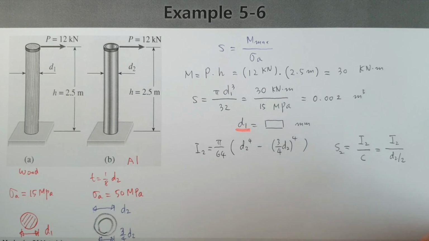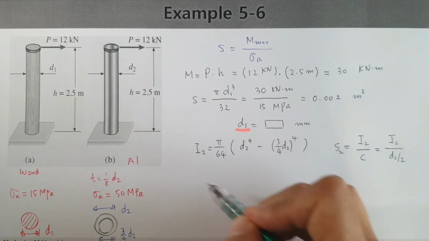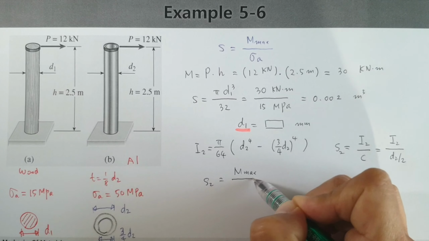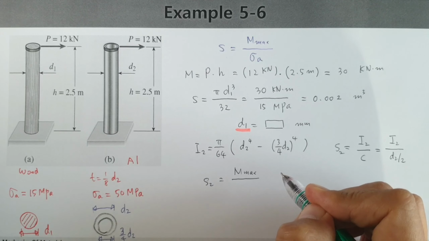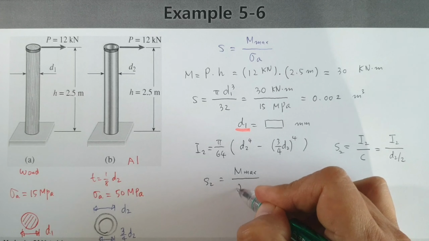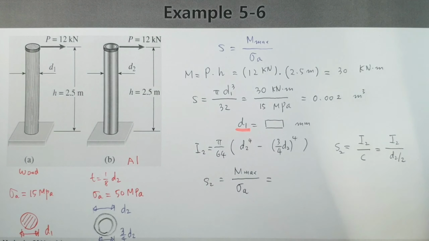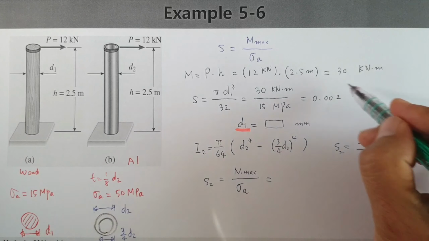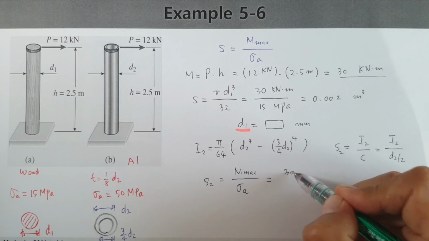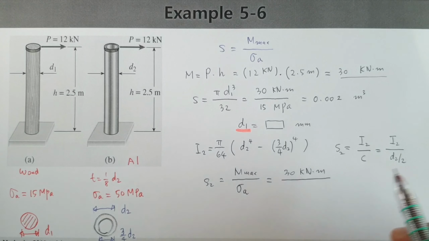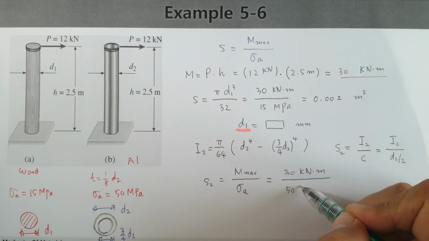When S2 is calculated, the maximum bending moment is divided by the allowable bending stress. The maximum bending moment is the same as the first case, 30 kilonewton meter, divided by the allowable bending stress, 50 megapascal.